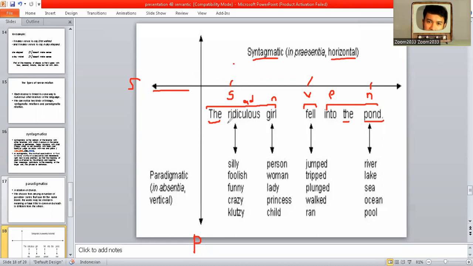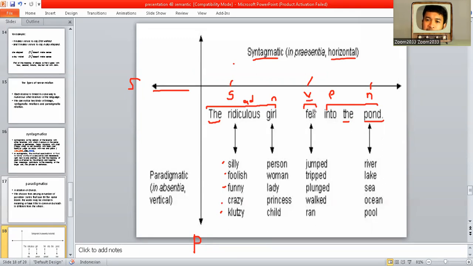Yeah. So what about ridiculous? Ridiculous is an adjective. So we have other adjectives: silly, foolish, funny, crazy, and classy. Okay. So in paradigmatic, they must be in line, they must be in the same category of parts of speech. Okay, so we have also the verb here.